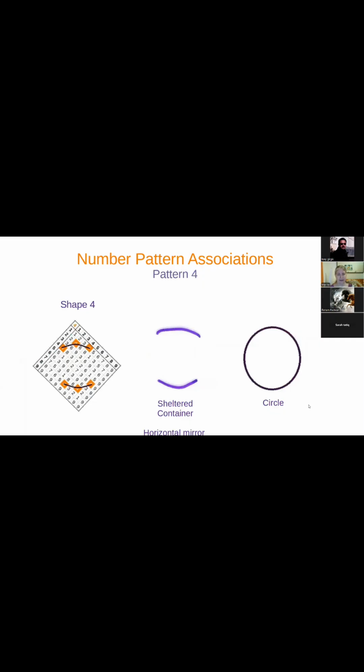For pattern association of 4, I saw a sheltered container as well as an indicator of a horizontal mirror in the middle here, with the symbol of as above, so below. And when you connect them, you receive a circle.